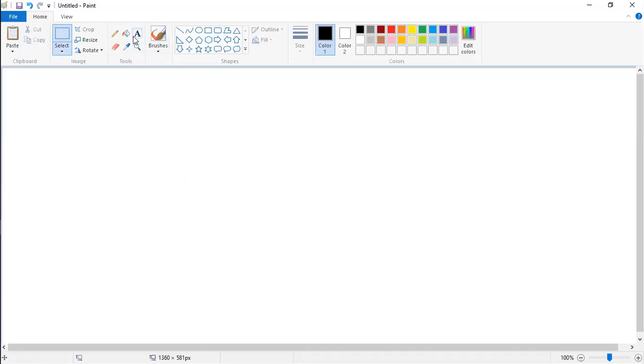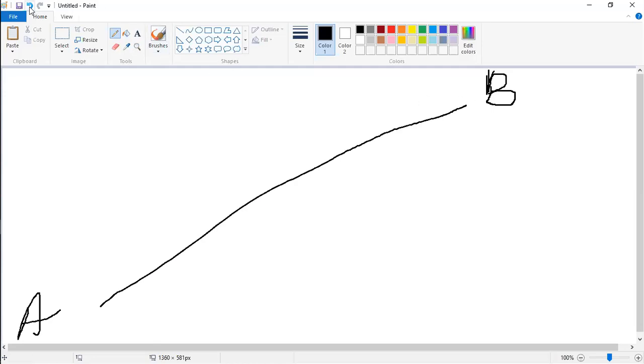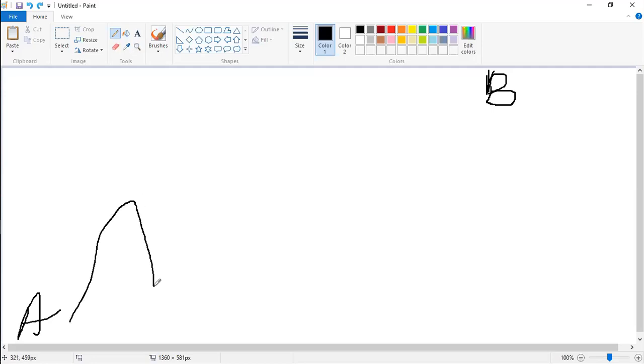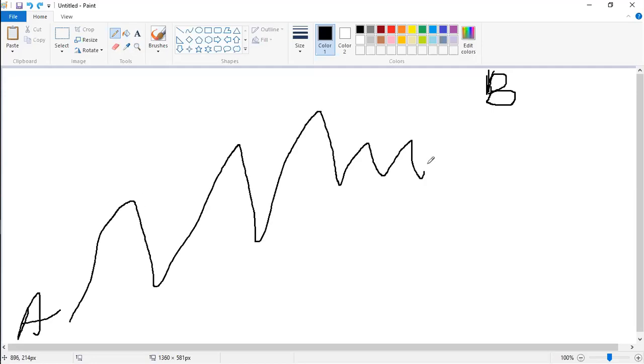When the market is moving, let's say from A to B, it is not going to move in a straight line like this. The market does not move like that. The market will move in ranges, something like this. That's how the market moves.